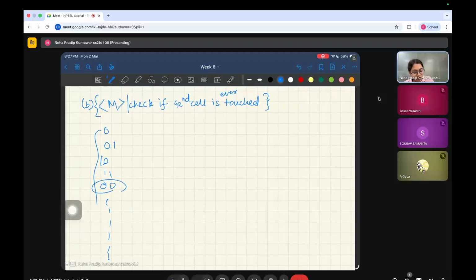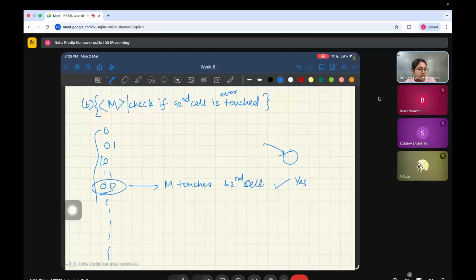If on any of the strings the machine touches the 42nd cell, then you will say yes. It need not be for all of them, but for some input; if it does, you are expected to output yes, otherwise you should say no.